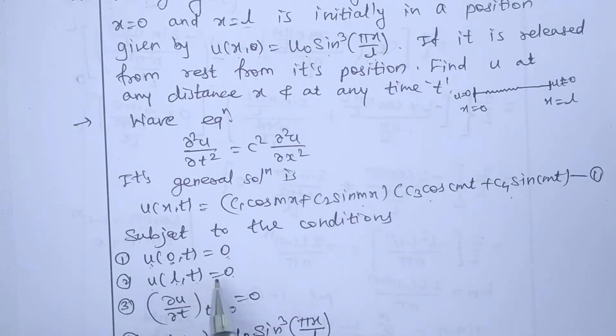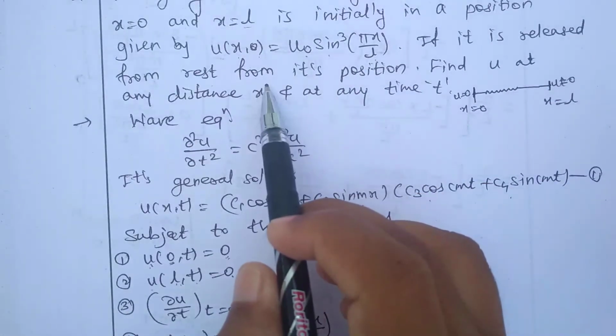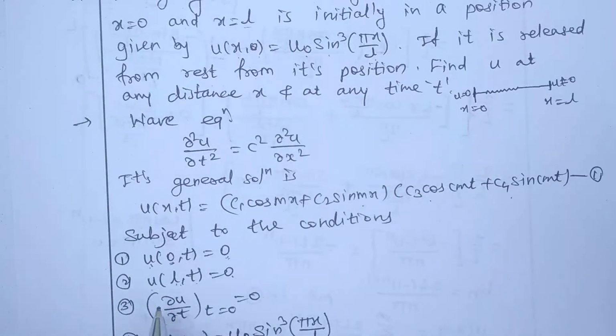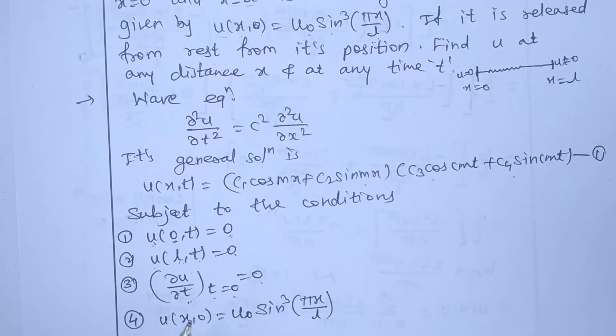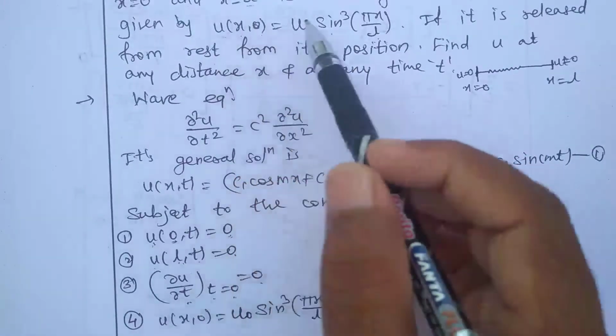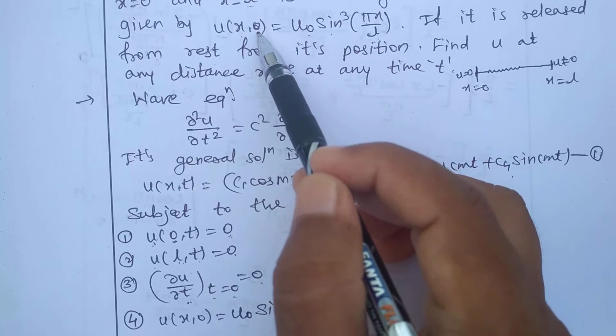So u(L,t) = 0. Initially it is at rest, that means no velocity, so we use ∂u/∂t. For t = 0, the value of ∂u/∂t is 0. That is our third condition. And the fourth condition: initially some natural vibrations are there at t = 0.